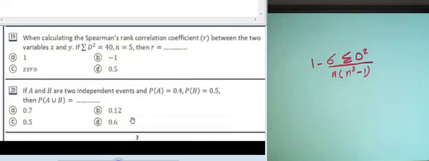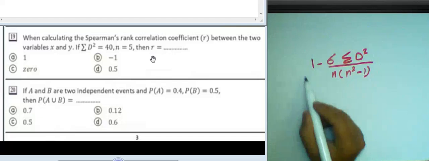Question 19. When calculating Spearman's rank correlation coefficient R between two variables x and y, if the summation of d square equals 40 and n equals 5, then R equals what? We can find R by using this rule.